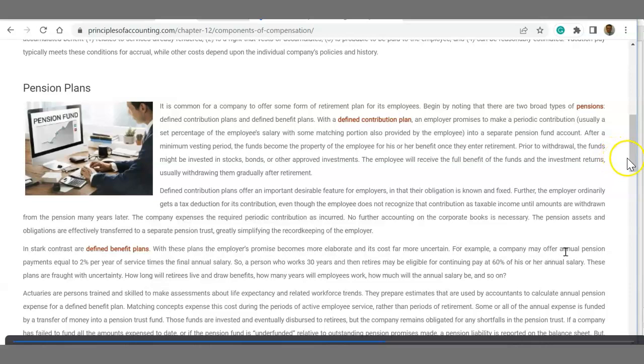For example, a company may offer annual pension payment equal to 2% per year of service times the final annual salary, or the final average of 3 years of salary, whatever it might be. So 2% of service times final annual salary. So a person who works 30 years and then retires may be eligible for continuing pay at 60% of his or her annual salary.